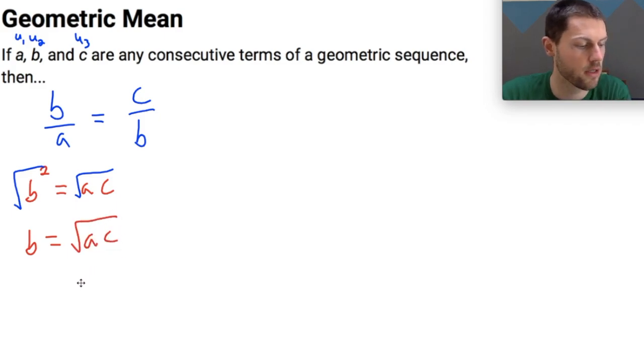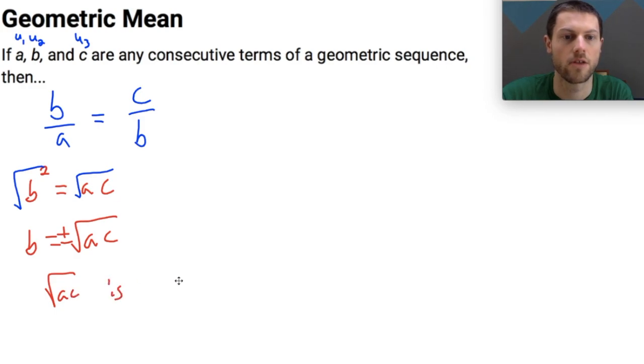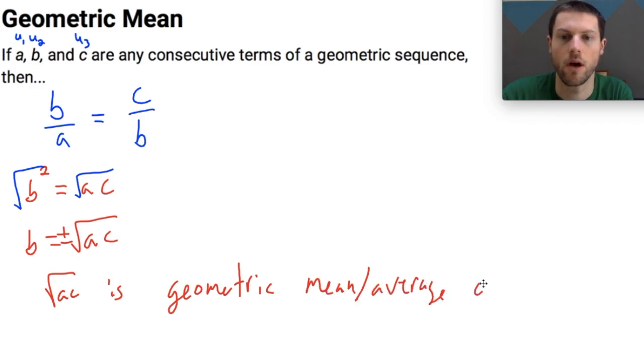So what do we call this? Technically it's the positive or negative square root of ac, but we'd say that the square root of ac is the geometric mean or average of a and c. So this is like another way of thinking about averages.